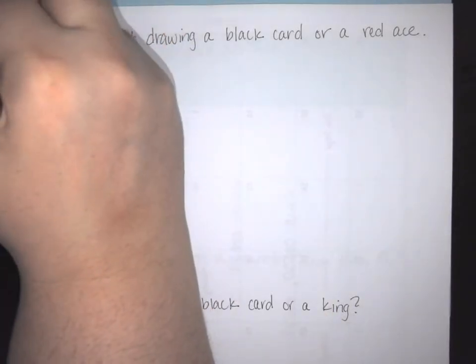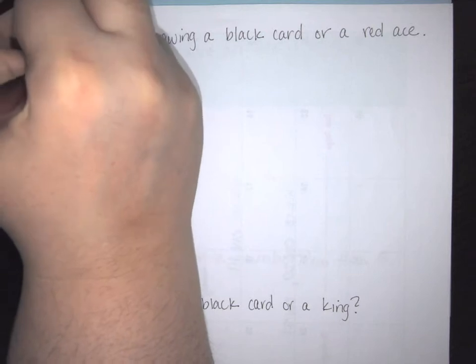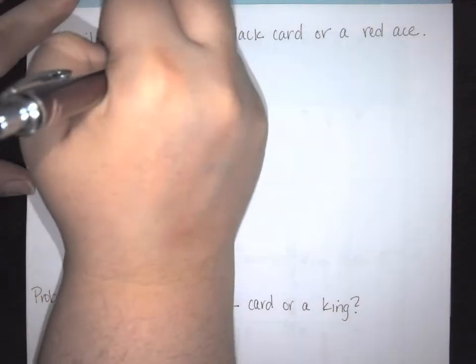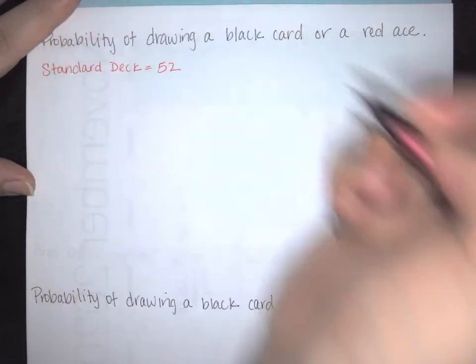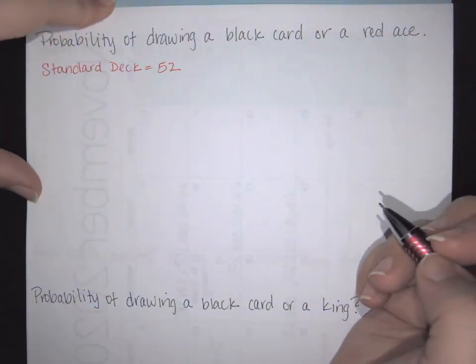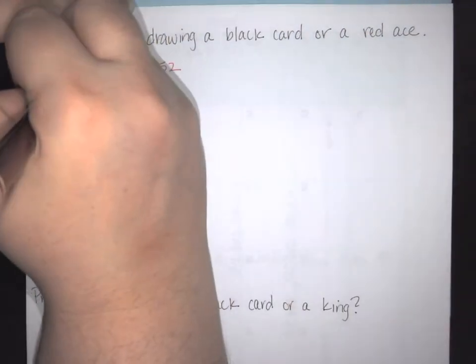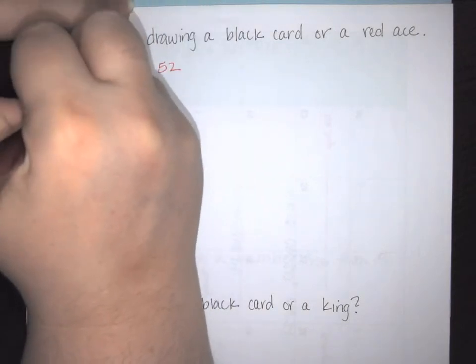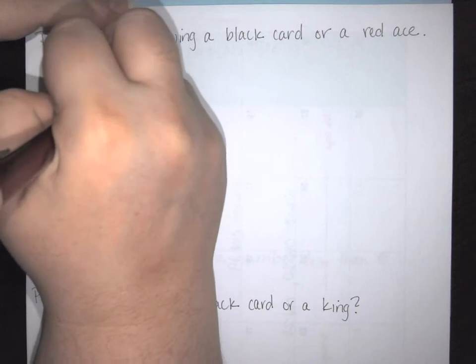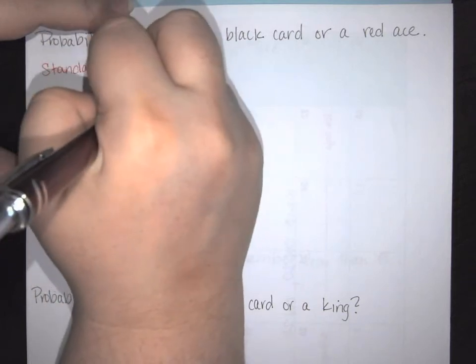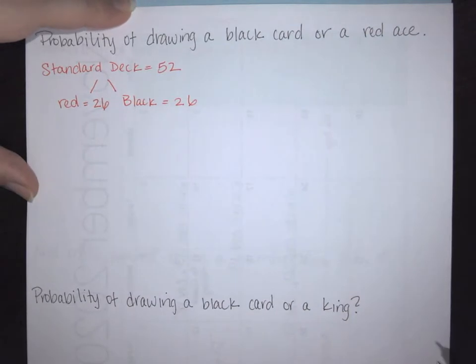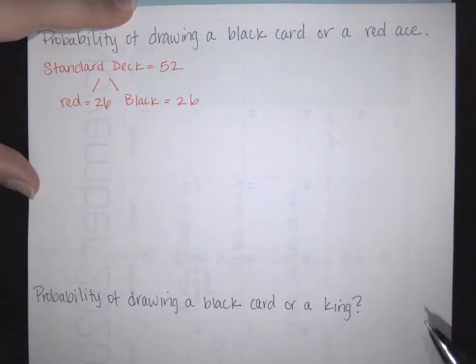First, you need to remember that in a standard deck, there are 52 cards. Of those cards, you break this down into red, which has 26 cards, and black, which has 26 cards. Now each of these breaks down even further.